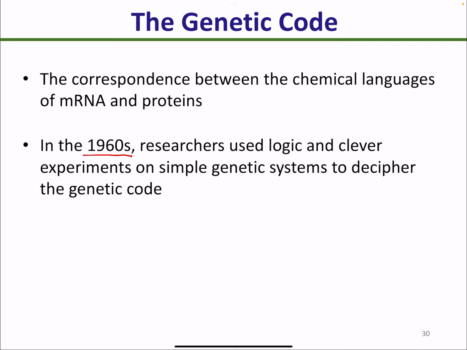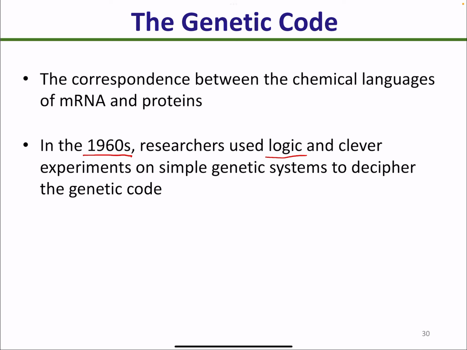In the 1960s, researchers actually used logic and very smart experiments to show that the genetic code is basically a shift from a nucleotide sequence to an amino acid sequence. But how did they show that?